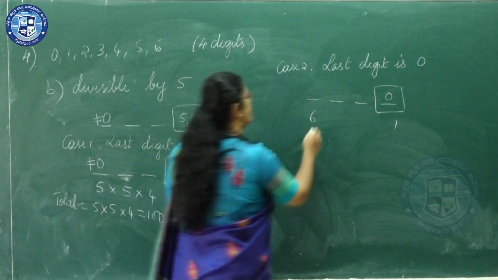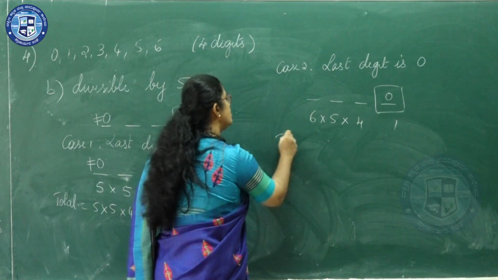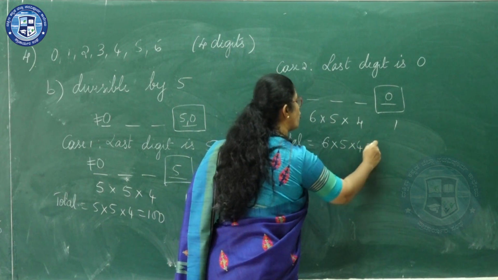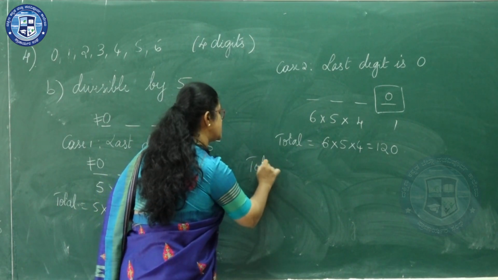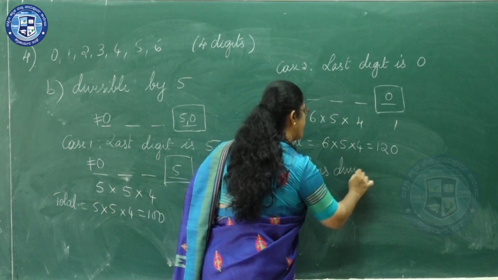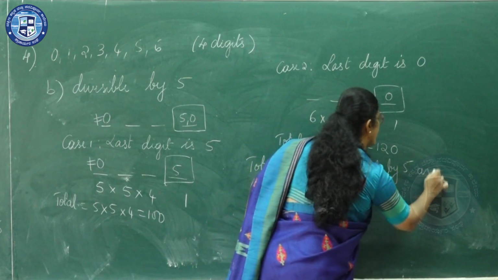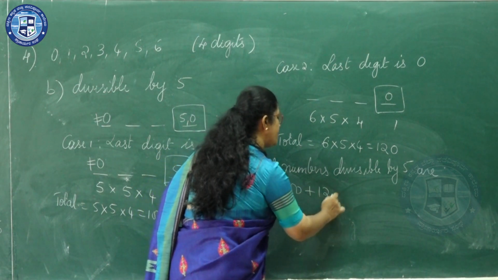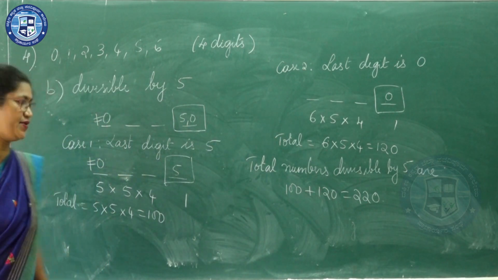Next it can be filled in 5 ways and then in 4 ways. So here the total numbers that I get is 6 into 5 into 4, which is equal to 120. And the total numbers divisible by 5, add the 2: 100 plus 120, which is equal to 220.